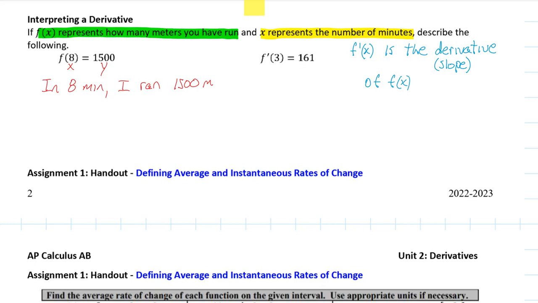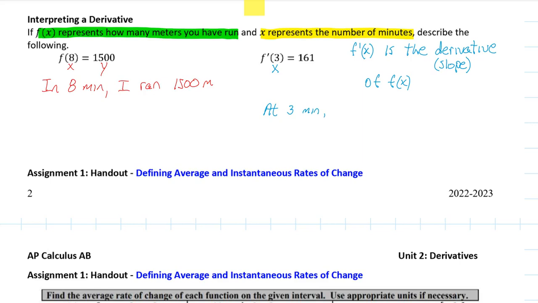So when it says f prime of 3, I'm talking about the fact that this is still x right here, but the 161 represents the derivative value. So I could still say at 3 minutes, the 161 represents my rate of change.